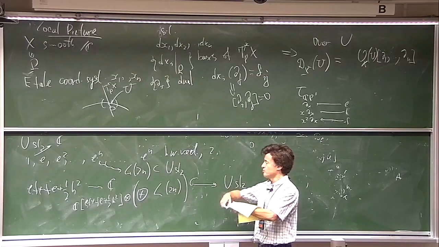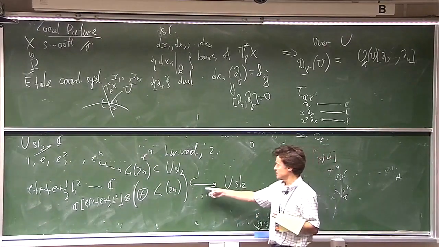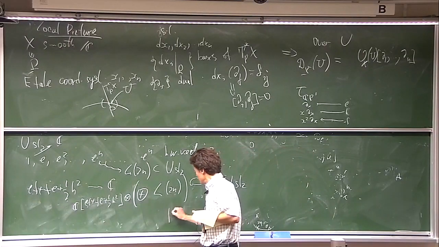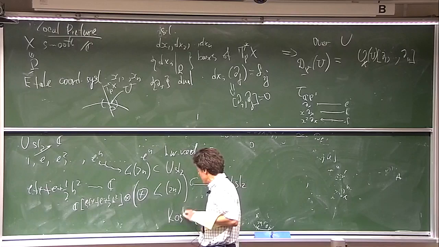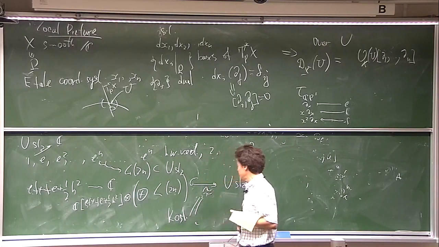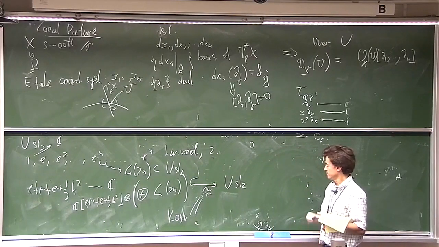And those modules cannot intersect because of complete reducibility. So there is this embedding. Kostant's theorem claims that this actually is an isomorphism.